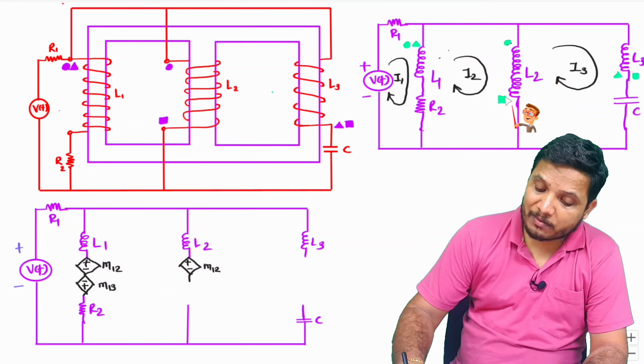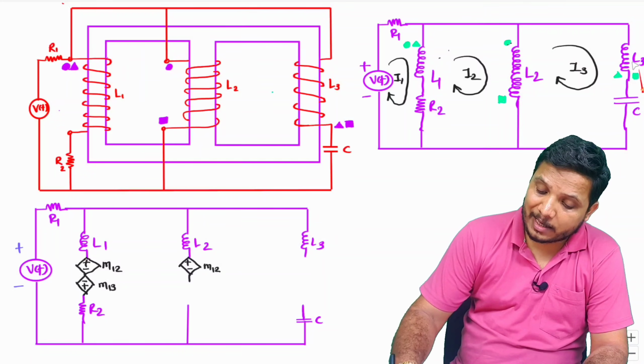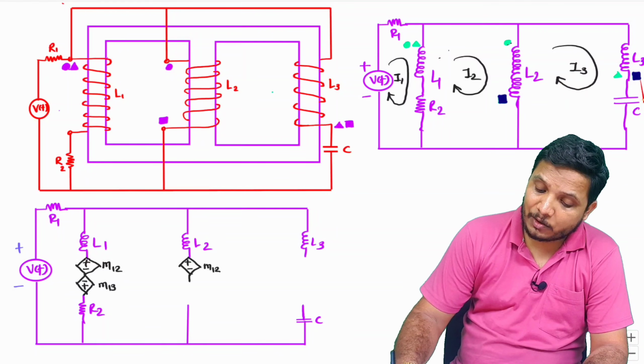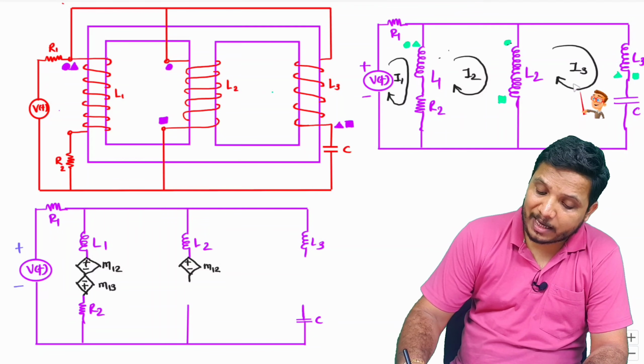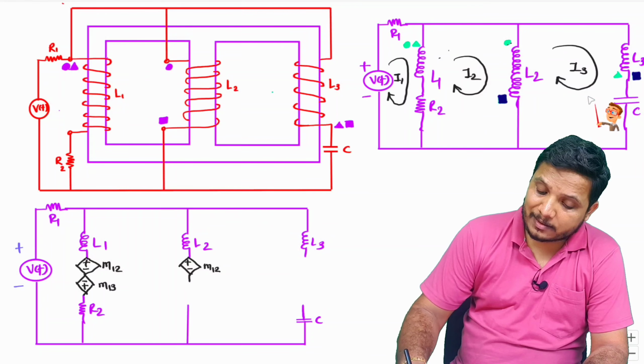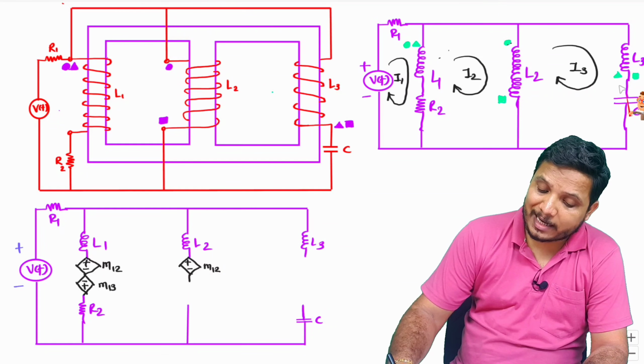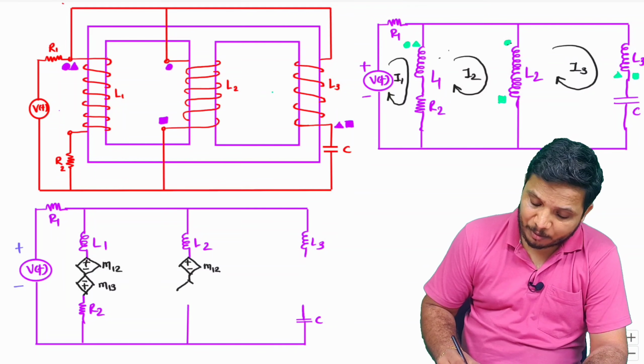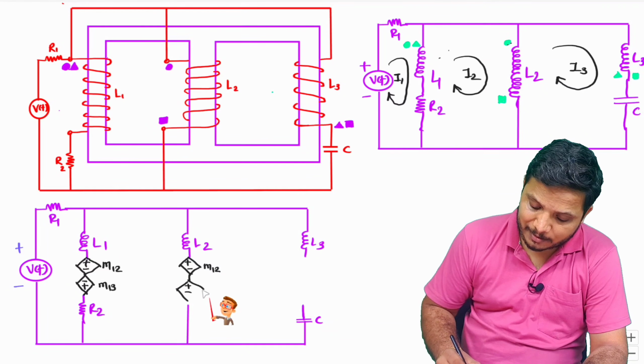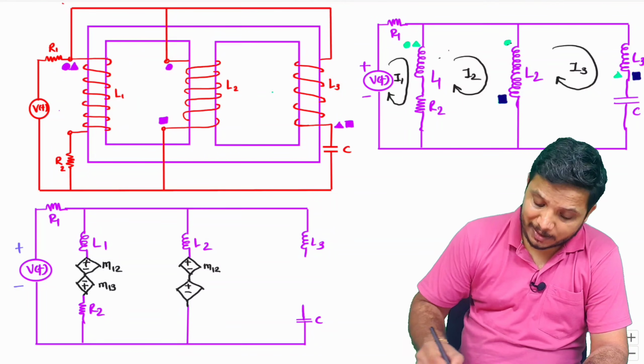Now with L2 we have the square, and the square is there with L3 also. As you see, L2 and L3 both have leaving current, so this square generates mutual induction with polarity leaving meaning plus minus, and between L2 and L3 it is M23.